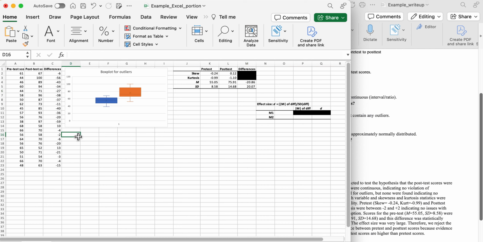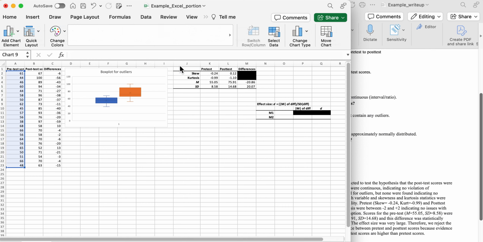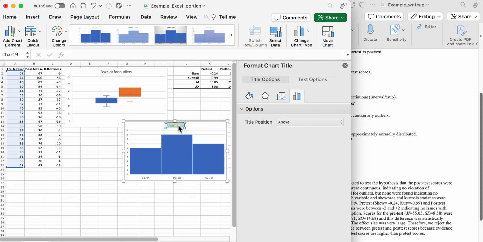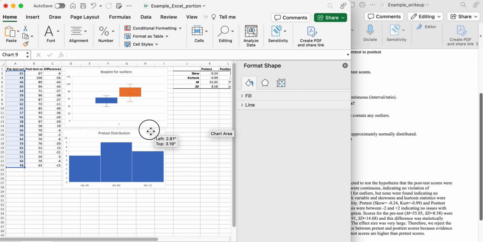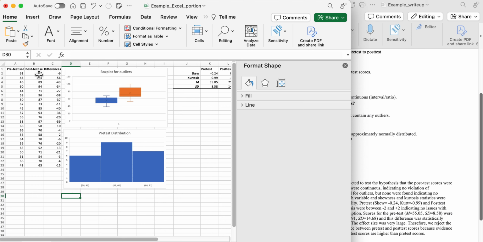You can also look at the distributions. So histograms will give me the distribution of each of these. So I've got this. I'm going to label this properly. And post test.